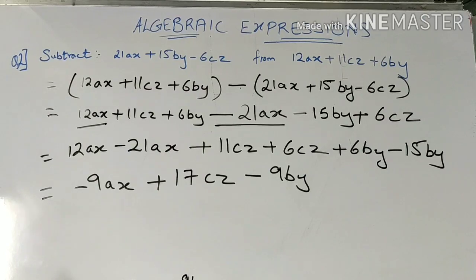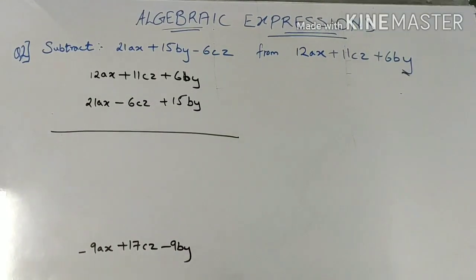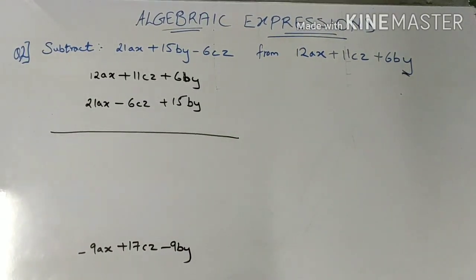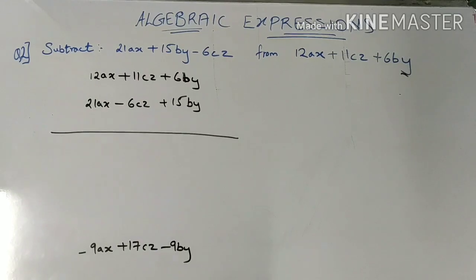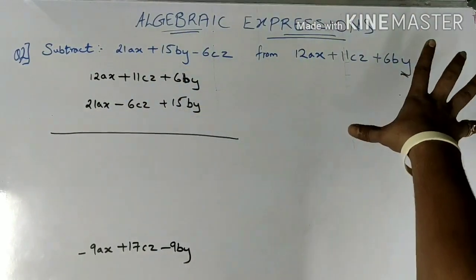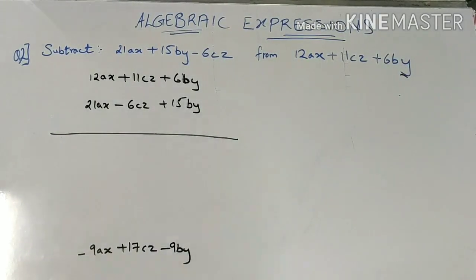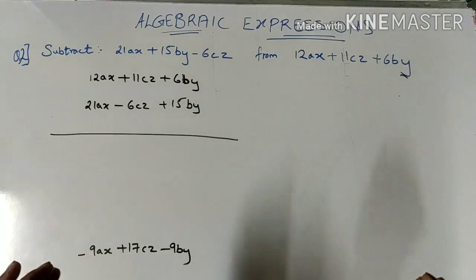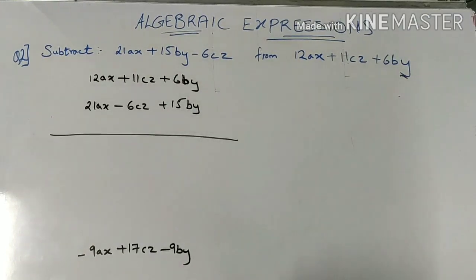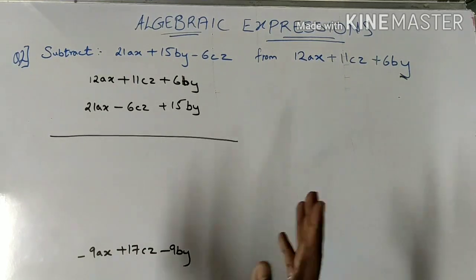Now let's see how we solve by vertical method. Sticking to our basics, subtracting the first algebraic expression from the second means second algebraic expression minus first algebraic expression. Another major rule is that we stick to the operation of addition and subtraction only within the like terms.